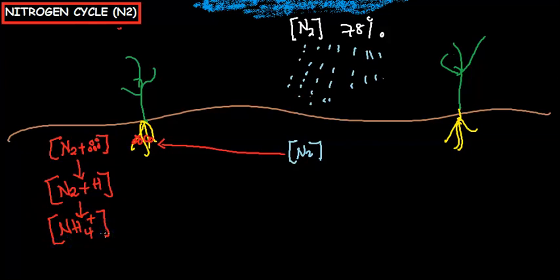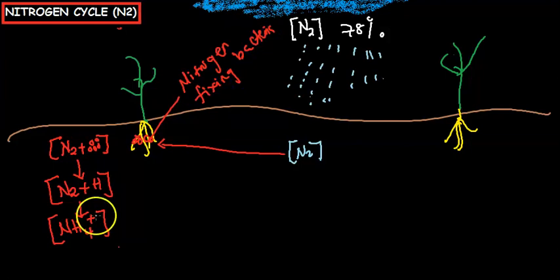At this point, let's take a quick revision. Nitrogen falls down from the atmosphere. It finds its way directly to meet bacteria, and these bacteria are called nitrogen-fixing bacteria. What happens at this point?